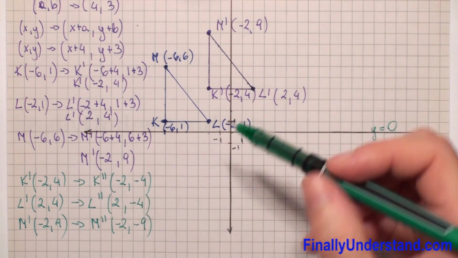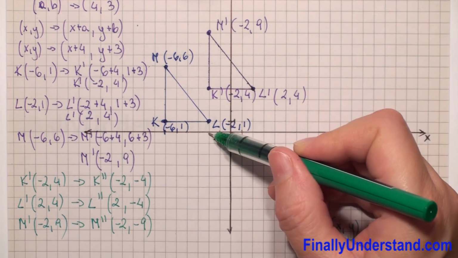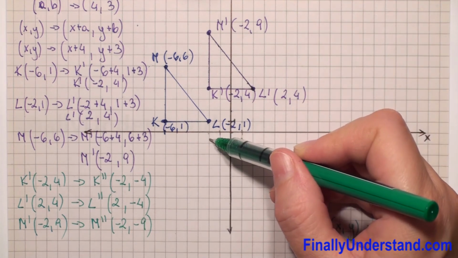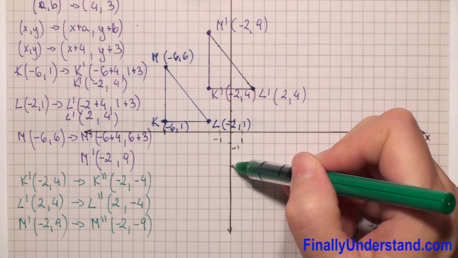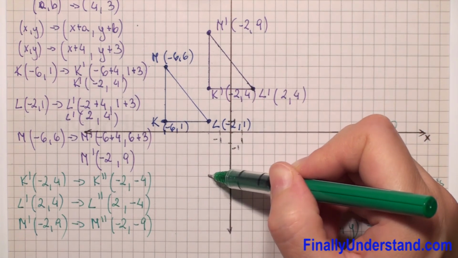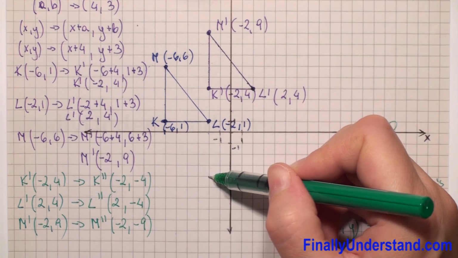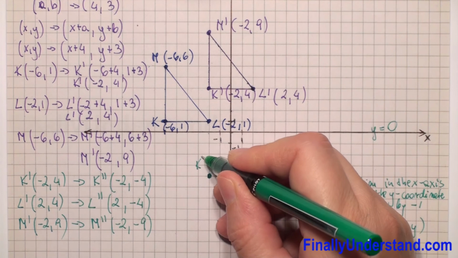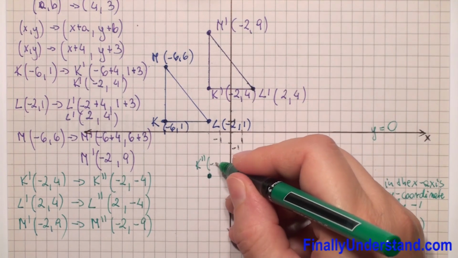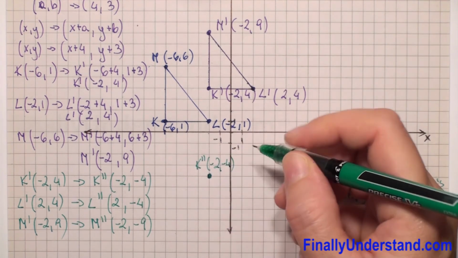So now we have to find these 3 points. -2, -4. So -2 on the x-axis and -4 on the y, 1, 2, 3, 4. So this is our point K double prime, coordinates -2, -4.